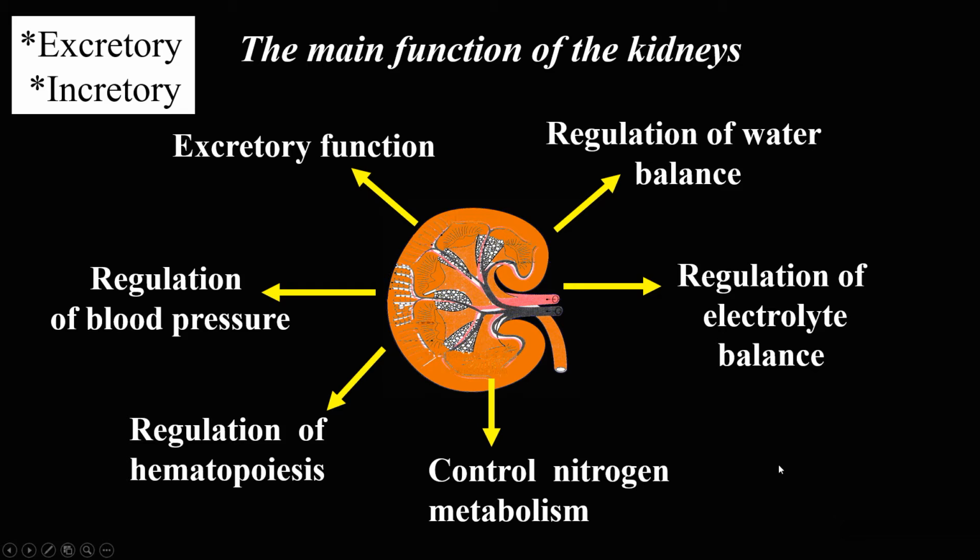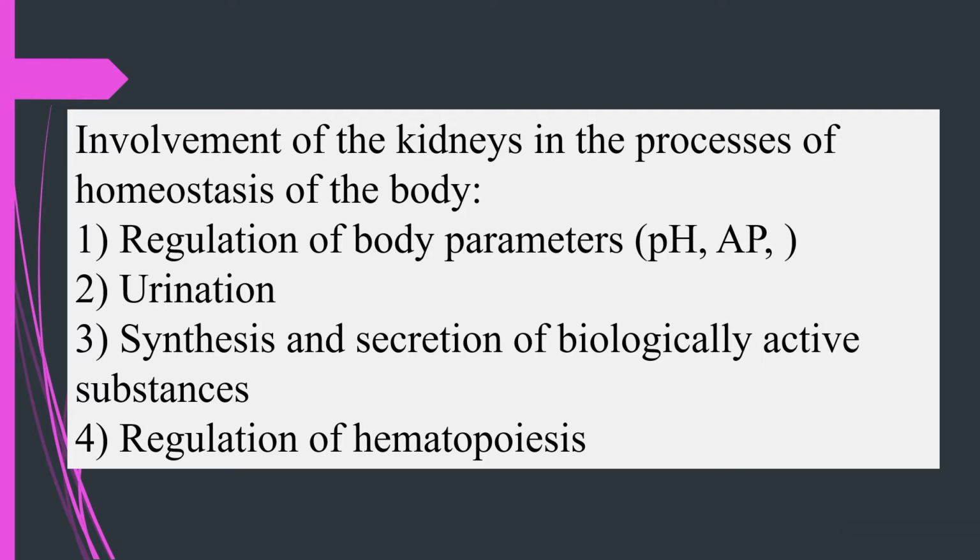The kidney has several main functions, for example, excretory function and incretory function. The kidney takes part in regulation of water balance, regulation of electrolyte balance, control of nitrogen metabolism, regulation of hematopoiesis, regulation of blood pressure, and so on.